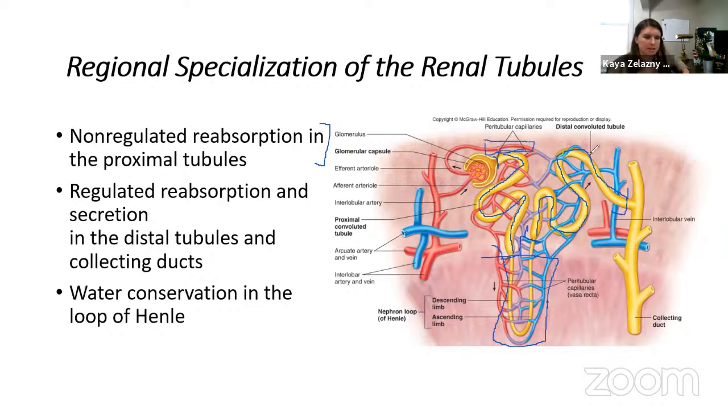But when we get to the distal convoluted tubule, we're going to see that everything is much more regulated. We're going to see the influence of hormones here. So we're going to have regulated reabsorption, and the distal tubules are really where we'll see secretion. We don't see much secretion in the proximal tubule.